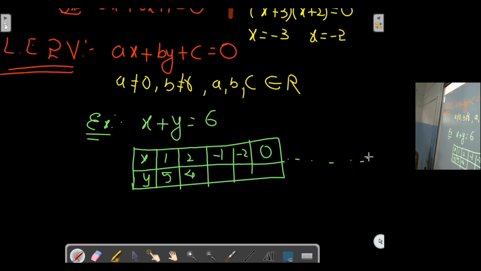Okay, listen. So you know pair of linear equations in two variables. I am going to take a pair of this equation, just one example.